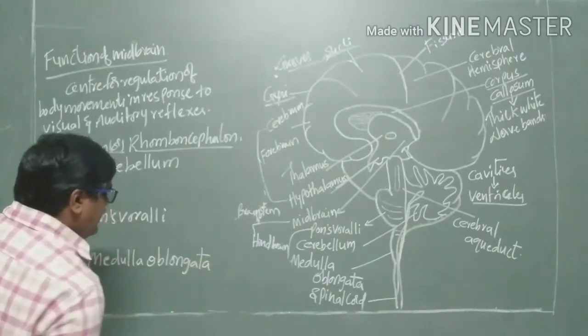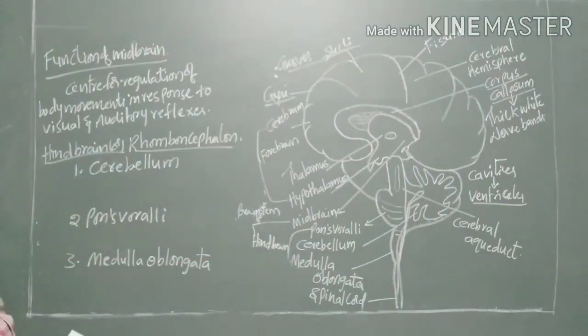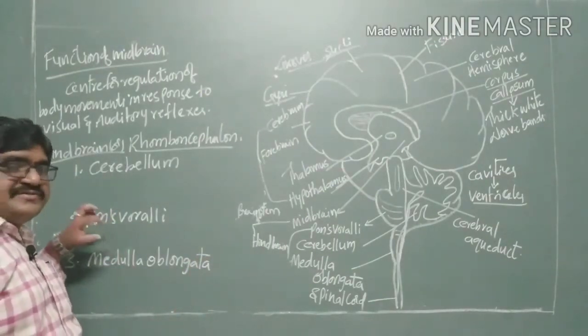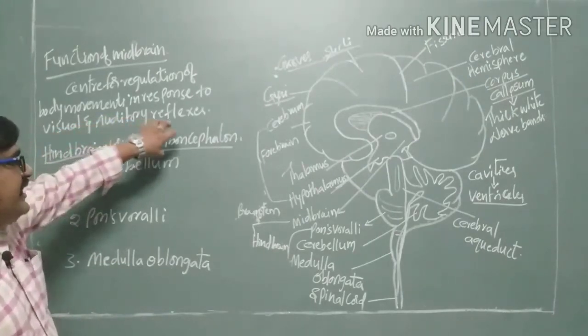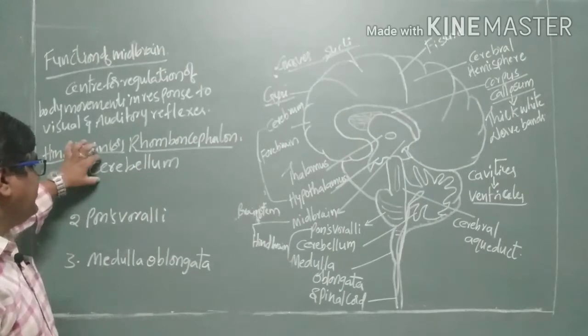So these are the 3 structures present in the hindbrain, or the rhombencephalon.